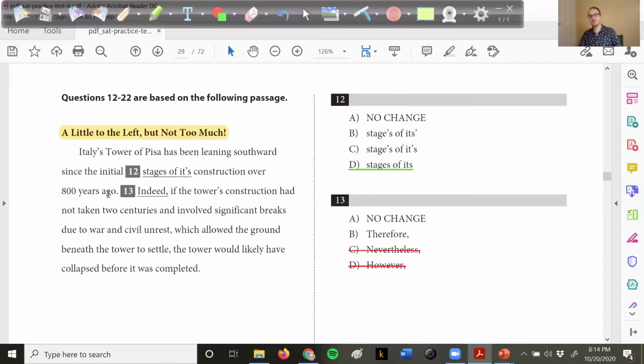But the link isn't so strong. Not everything that leans south is about to fall over, right? I know that may seem like a silly question, but that's the type of link we're talking about. I like indeed because it continues the idea without saying that A causes B. So for that reason, I'm going to go with A, no change.